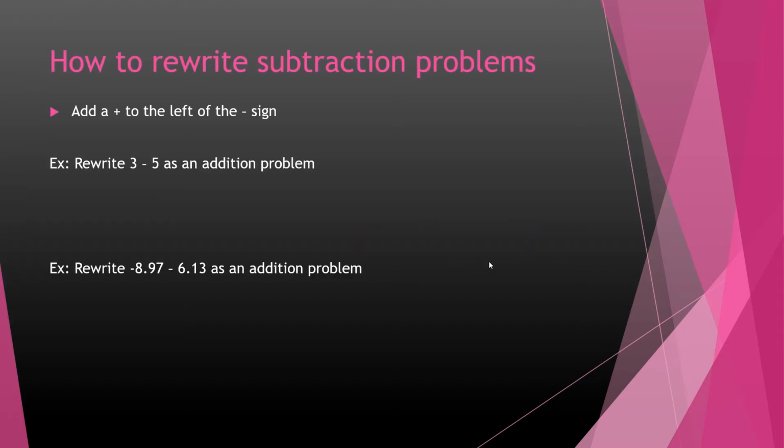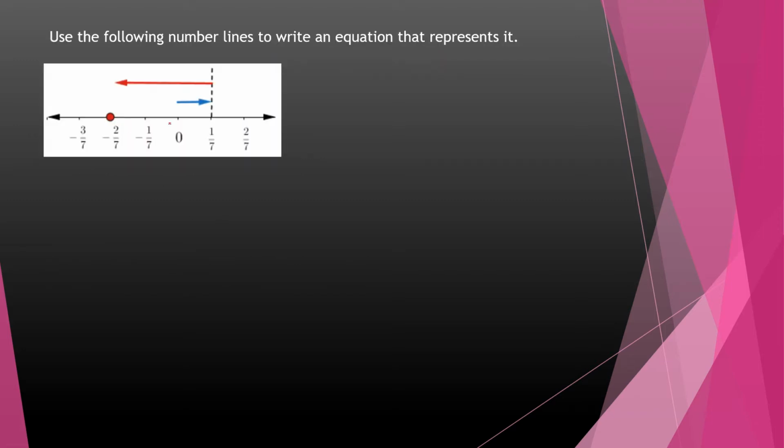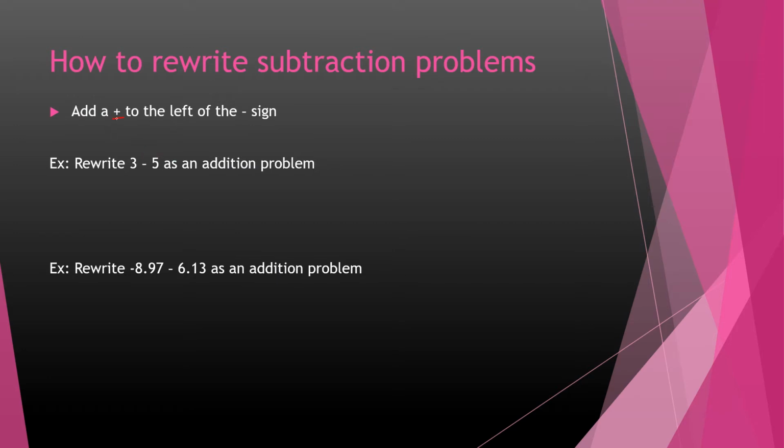The first question that we are going to go over is how to rewrite subtraction problems as addition problems. Now this is a very simple process. You just have to be extra careful with where you're putting your plus sign. Your plus sign is going to go immediately to the left of your subtraction sign.